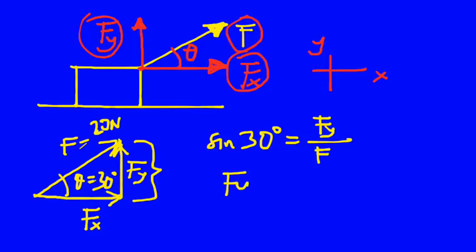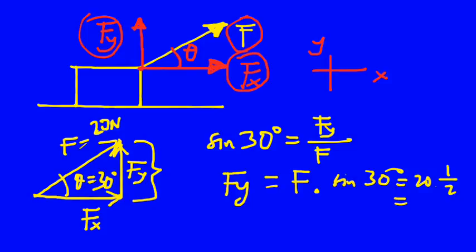Therefore we get Fy, which is just the magnitude of F times sine 30. So 20 times half, we get 10 Newtons.